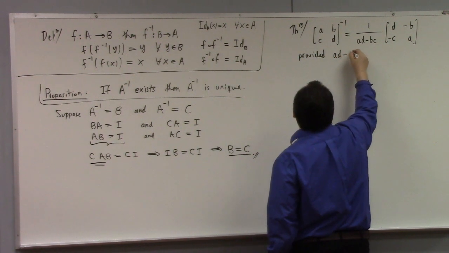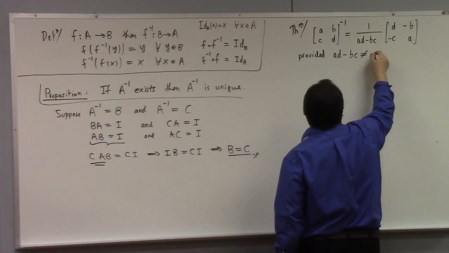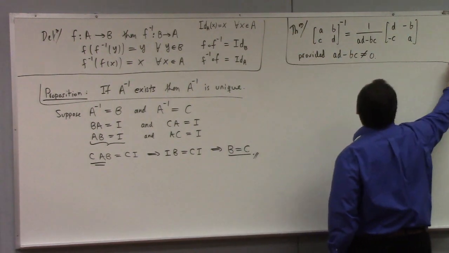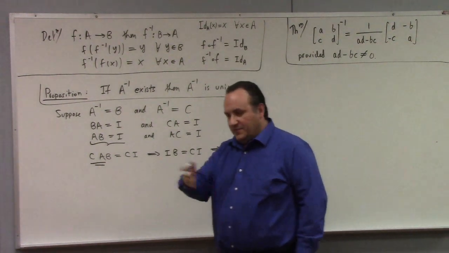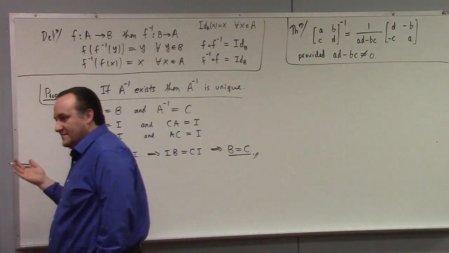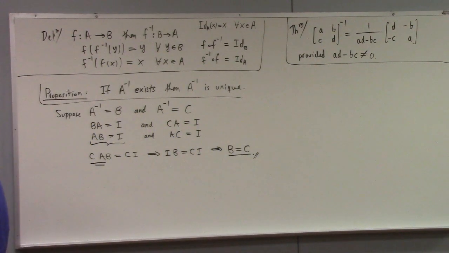This quantity AD minus BC is not equal to 0. Now, I haven't motivated that. I actually will show you a derivation of this formula later in the course.